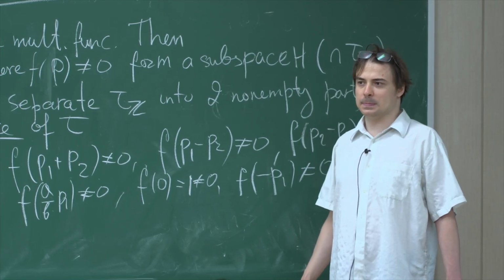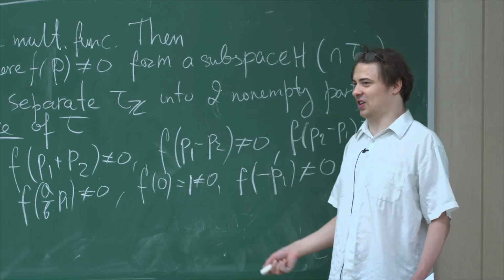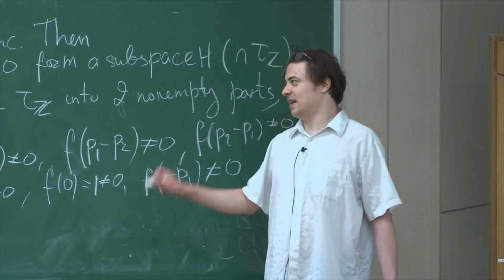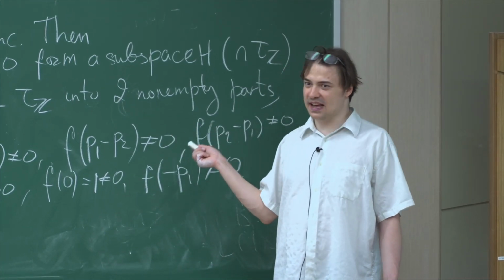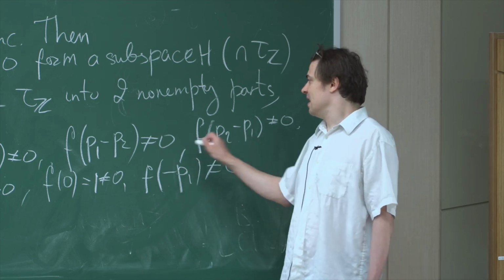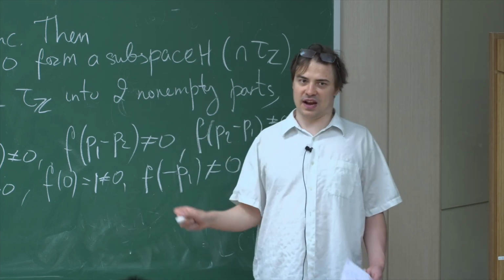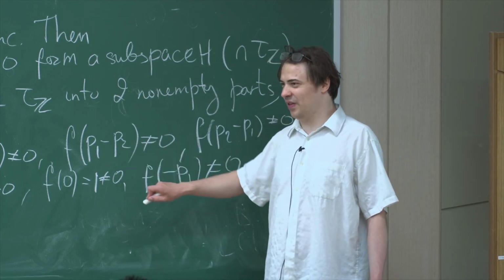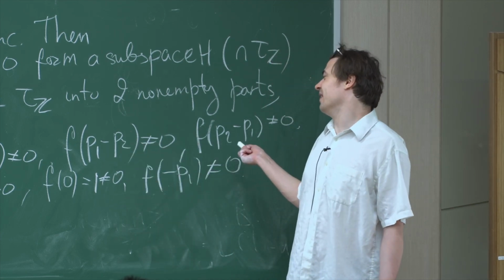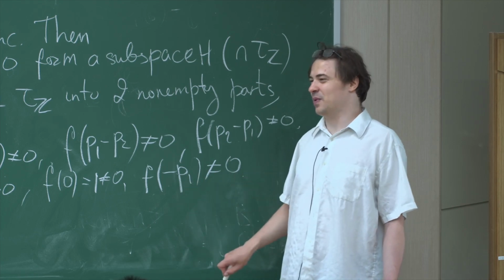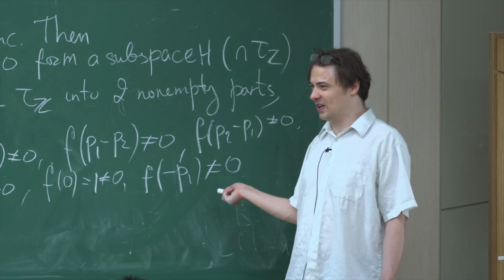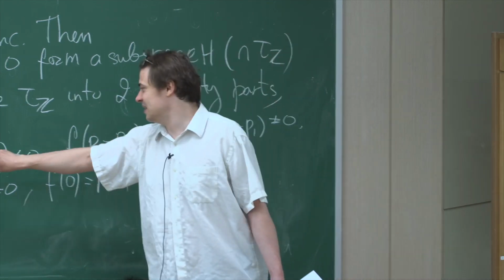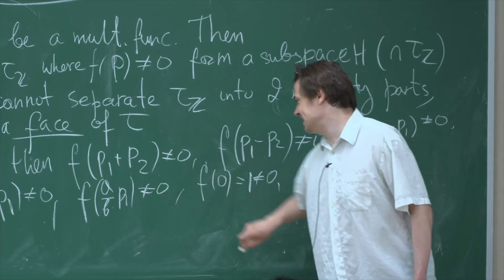Tau is a cone and not a subspace itself, so we have to check carefully what happens when we subtract. Because if this is not a point of tau, then we cannot say f of minus p1 always is not 0, because minus p1 may not be in tau, and then we could not deduce this from this and this.